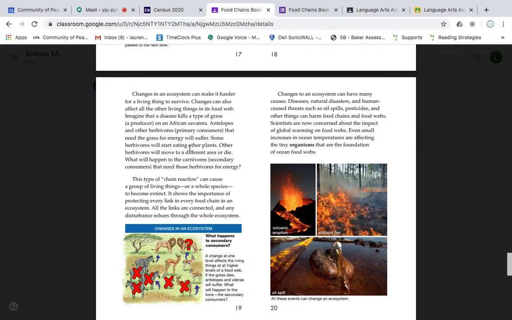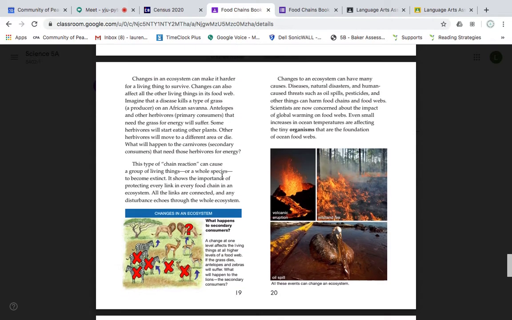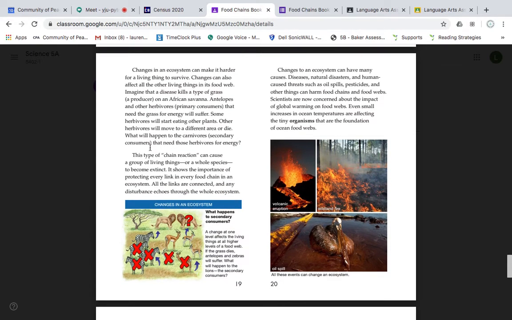Some herbivores will start eating other plants. Other herbivores will move to a different area or die. What will happen to the secondary consumers that need those herbivores for energy? So what will happen to the animals that eat things like antelopes?